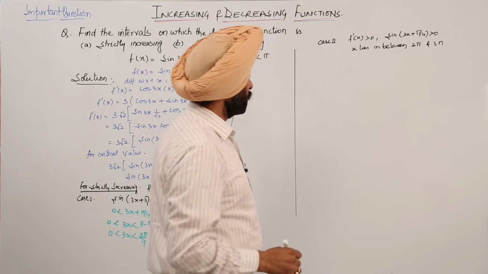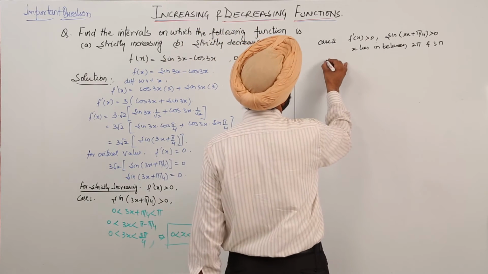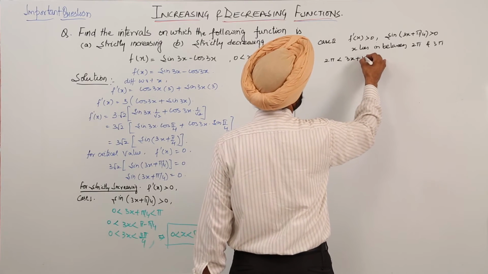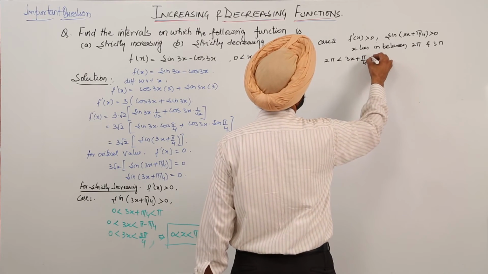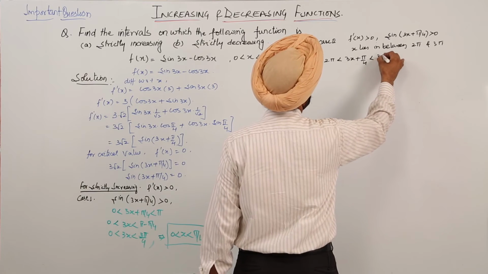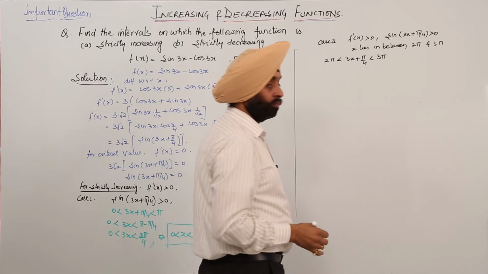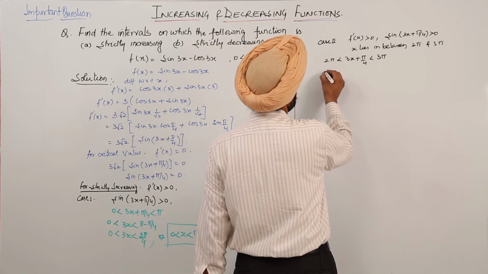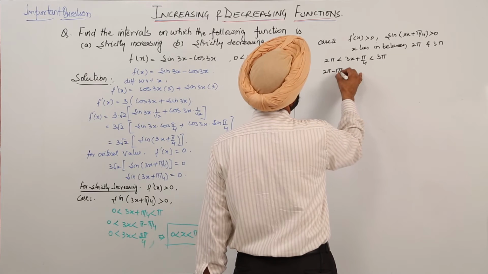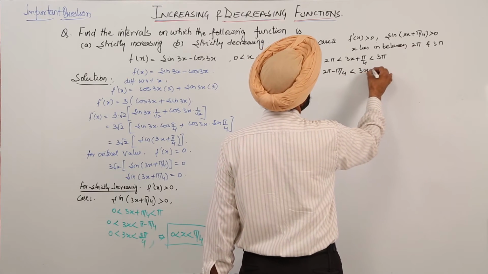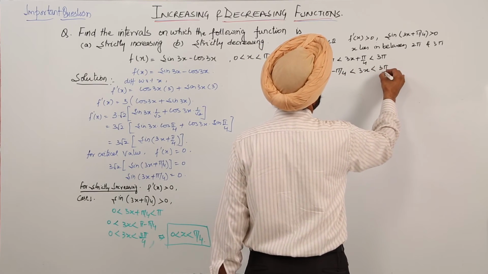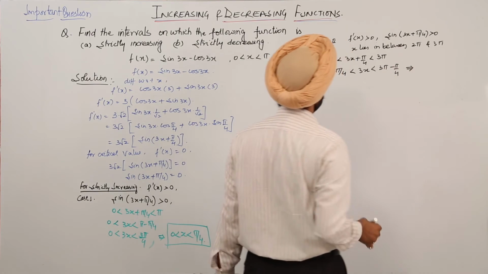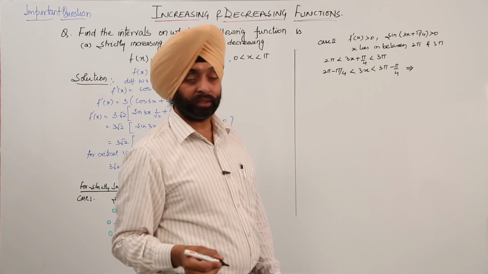Okay. Between 2 pi and 3 pi, we now have 2 pi is less than 3x plus pi by 4 is less than 3 pi. Now we have 2 pi minus pi by 4 is less than 3x is less than 3 pi minus pi by 4, and this becomes 8 pi minus pi, which is 7 pi by 4.